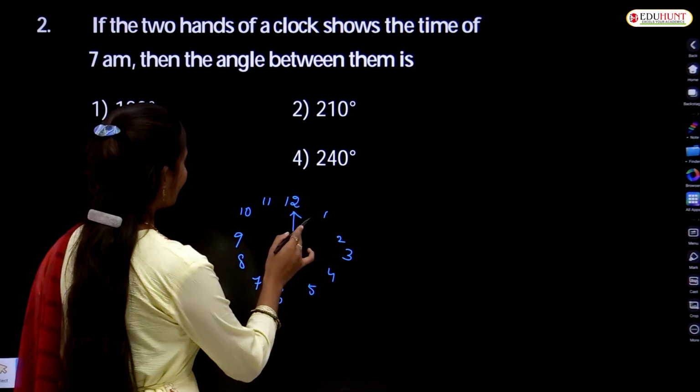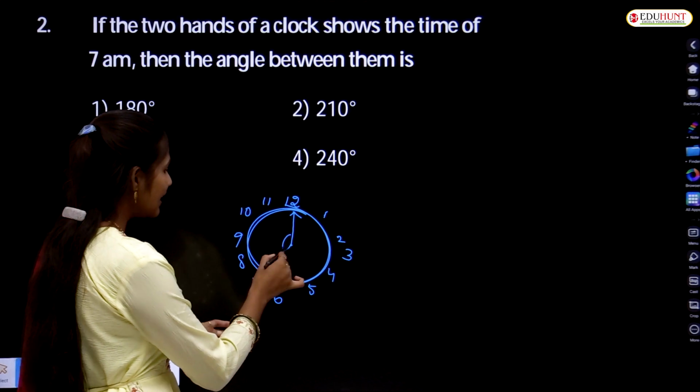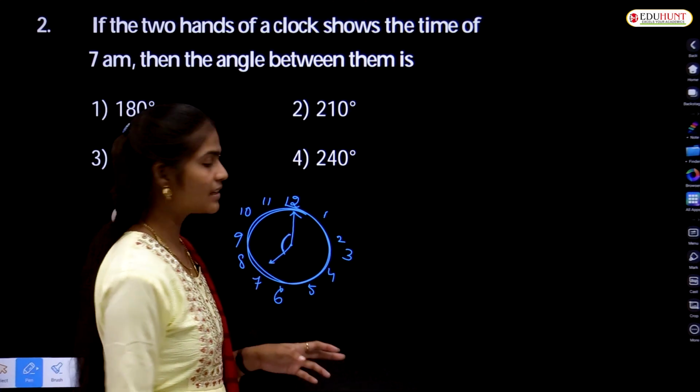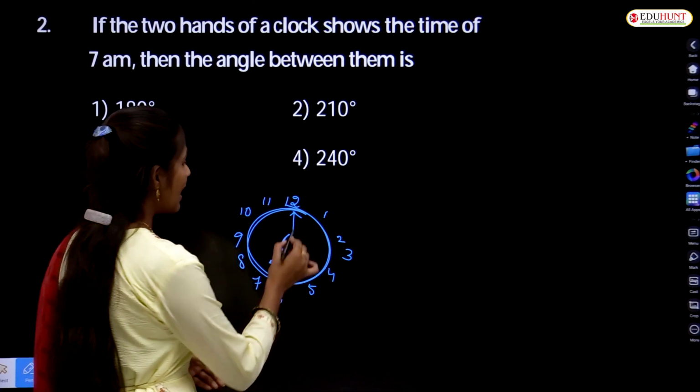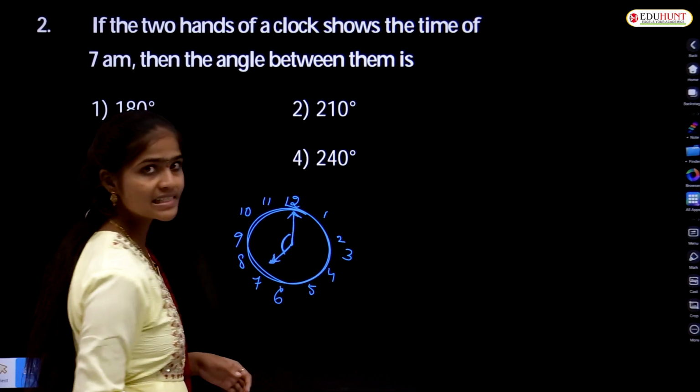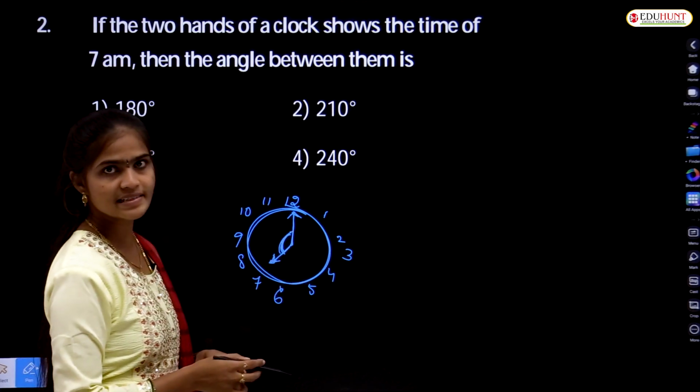Observe this one. While you are observing all those numbers, just observe the angle between the hands. The short hand is the hours hand and the long hand is the minutes hand. So what is the angle between these two hands?